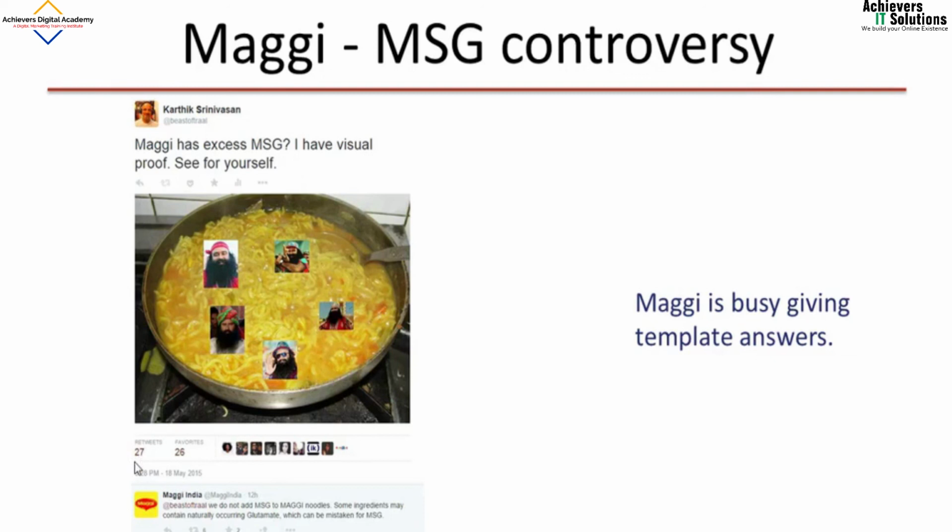Ideally, it should have been ignored. But even to this tweet, Maggi posted the same reply, which makes it very obvious that they were doing a quick copy-paste templatized job, not really paying attention to what the users were saying. Not the best way to respond to customers on social media.